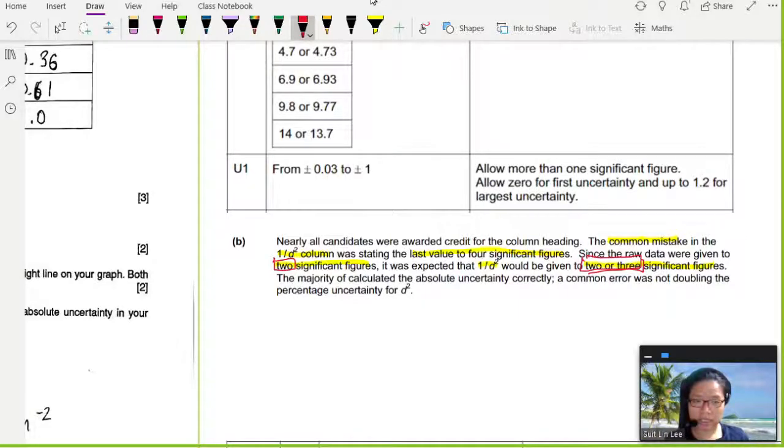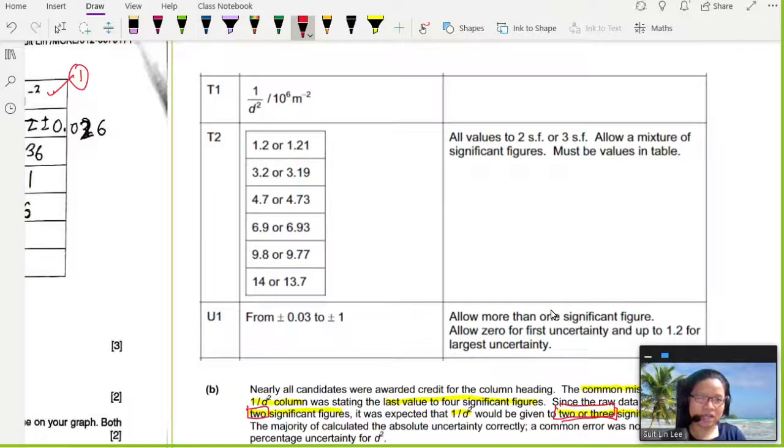The majority of the candidate calculated the absolute uncertainty correctly. A common error is not doubling the percentage uncertainty of d square. Okay, so for this one, if you look at this, all values to 2 to 3SF allow a mixture of significant figure. So how much the examiner will deduct marks here, it really depends on, I guess, the examiner.